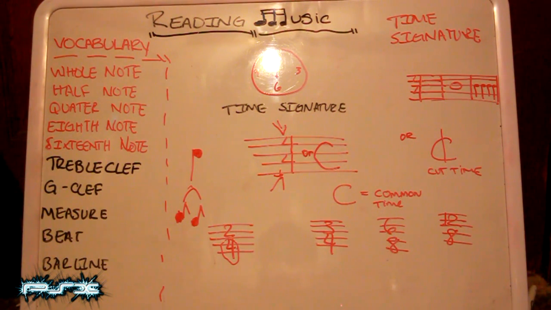So half time or cut time is this: 1, 2. 4/4 will be this: 1, 2, 3, 4. 3/4 will be this: 1, 2, 3, 2, 2, 3. And then you have 6/8, which is 1, 2, 3, 4, 5, 6, 2, 2, 3, 4, 5, 6.